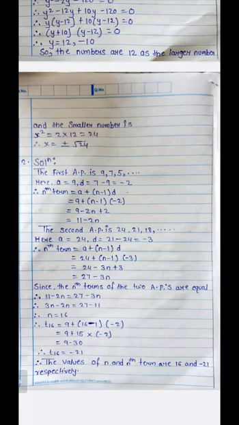So now n is equal to 16. So T16 is equal to 9 plus 16 minus 1 into minus 2, which will be equal to 9 plus 15 into minus 2, which is 9 minus 30. So T16 is equal to minus 21. The values of n and the nth term are 16 and minus 21 respectively.